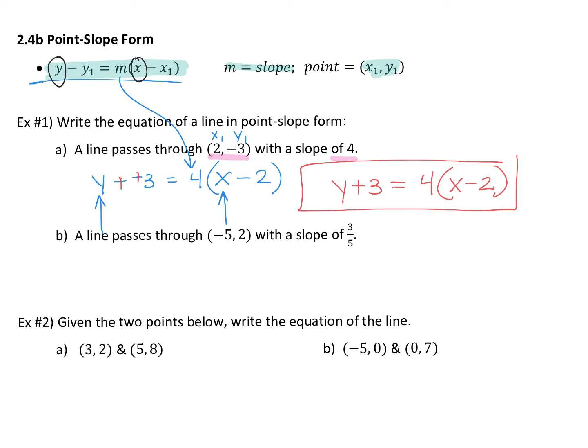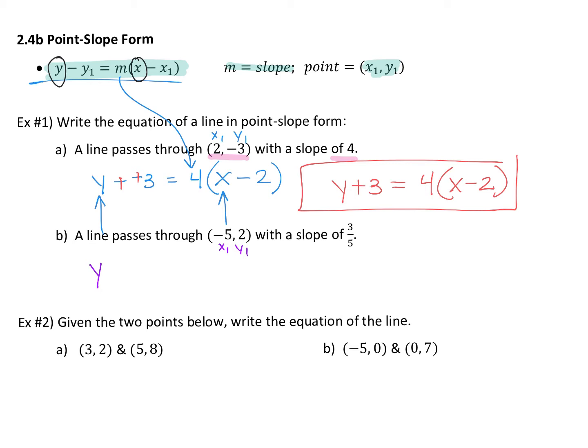Okay, so you do letter B. Write the equation in point slope form with that setup. It goes through the point -5, 2 and has a slope of 3/5. What'd you get? Is it y plus or minus?